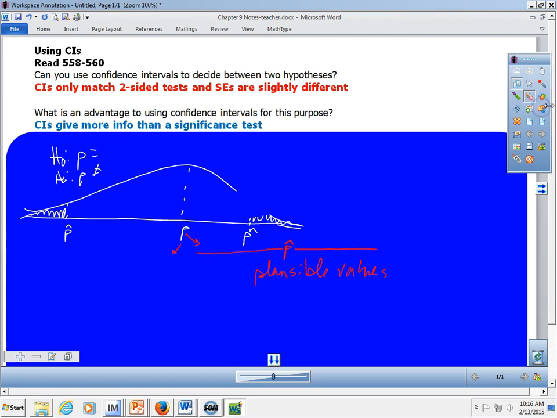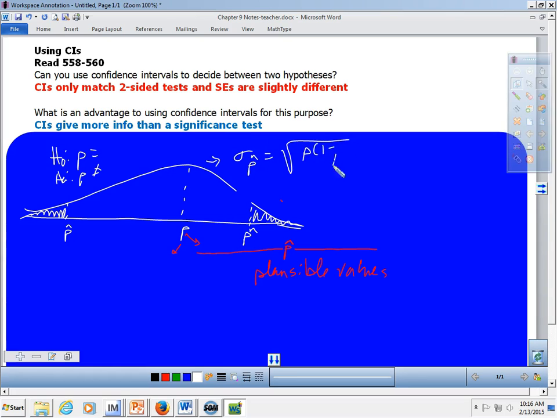The link isn't perfect. Because if you remember, when we calculate the standard deviation for this normal curve, the standard deviation of your statistic comes from using the claim of P, whereas the confidence interval didn't have a claim to P to use, and so we used P hat.